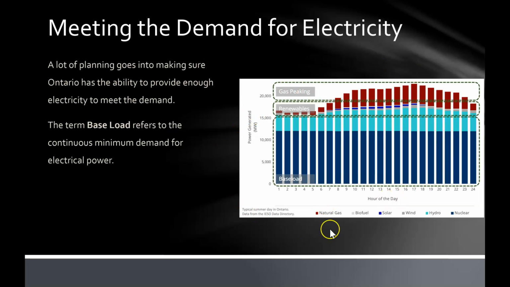So in this graph here, you can see that for a 24-hour day, the base load is this purple.